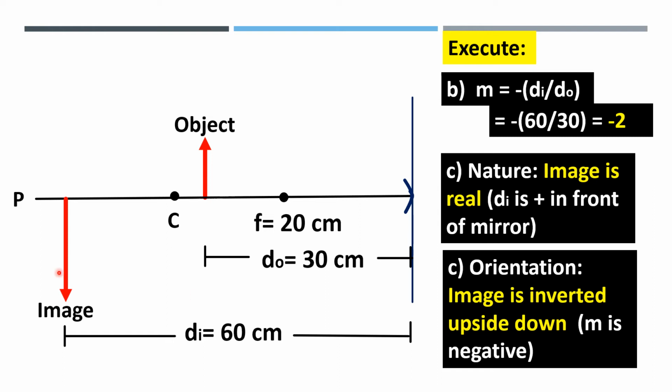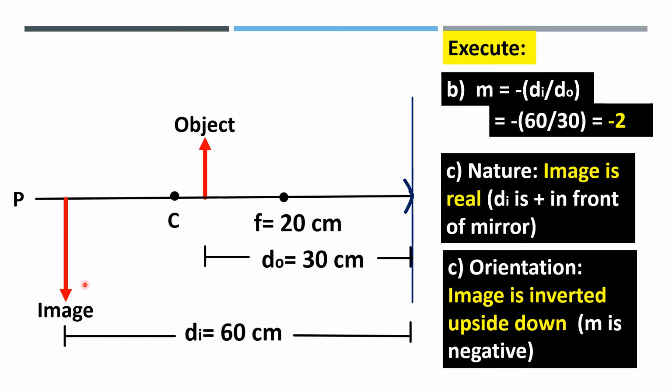As you can see in our diagram, if the object is pointing upward, we normally say that it is an erect object, or an upright object. So that's how we describe an object like an arrow here pointing upward. It is upright or erect. And compare the image that we got. The image is pointing downward, which means that it is inverted, upside down.